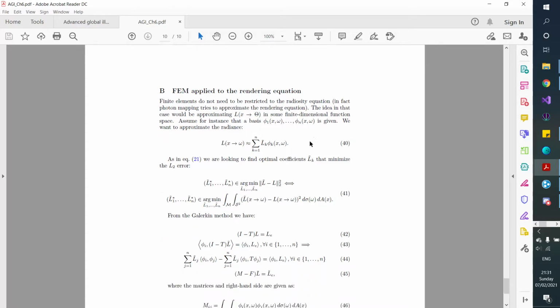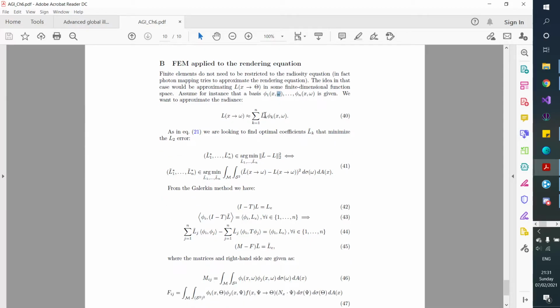You can just as well take the rendering equation and apply finite element methods. The only difference there is that your basis functions would now have a directional component, and for instance that could be spherical harmonics if you want. So your basis function would be some combination of spherical harmonics defined over different points of your elements or whatever.